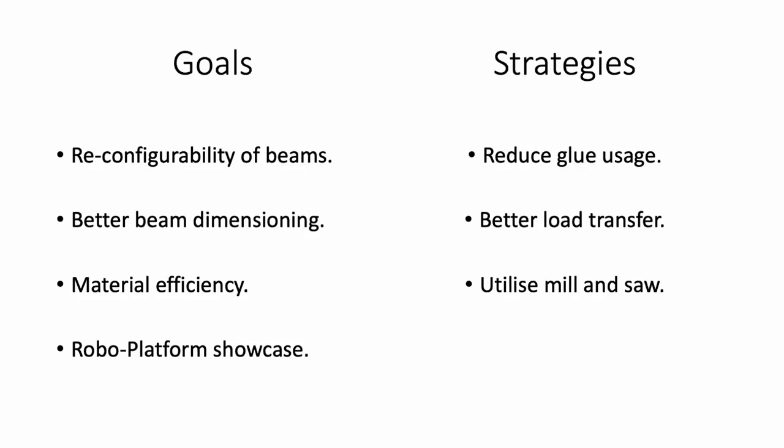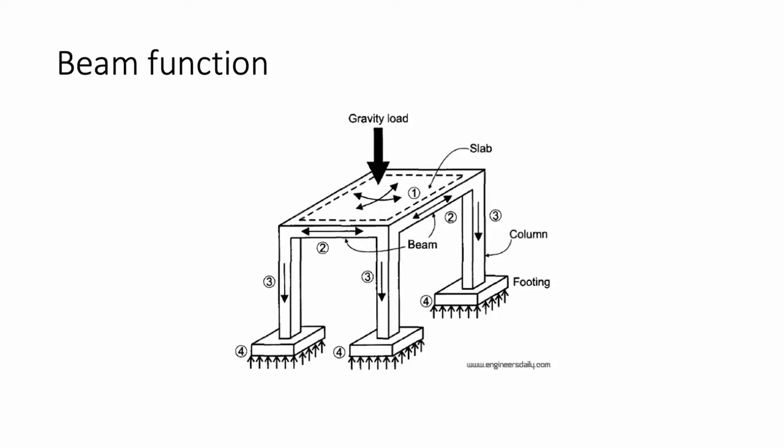And we had some strategies: we wanted to reduce the glue, and as Chris said a few minutes ago, to see how load would transfer. And the last thing, to utilize the mill and sew from the platform itself. So we started with the beam function to see how it works.